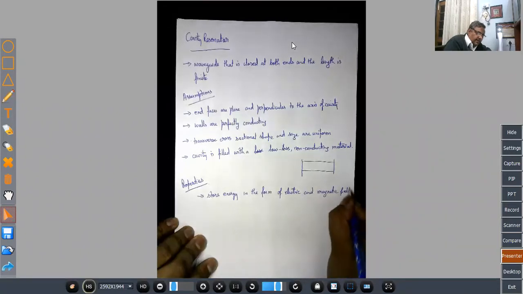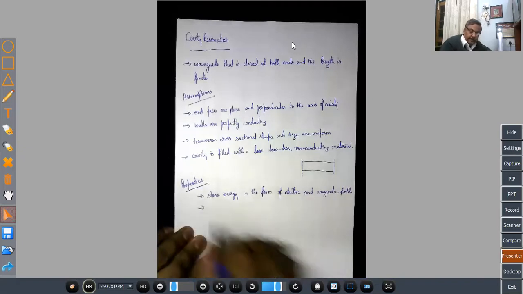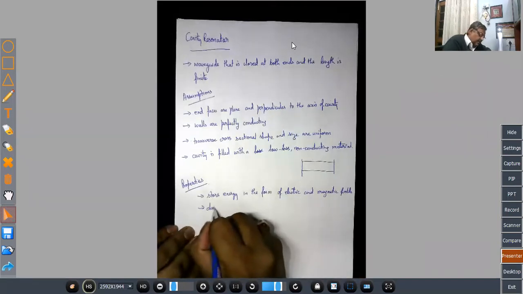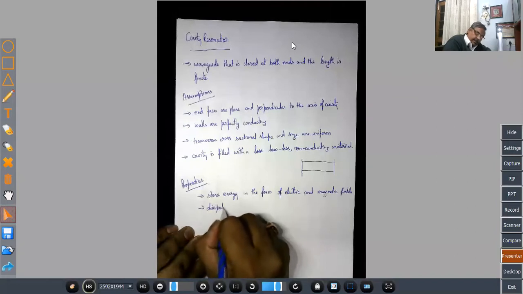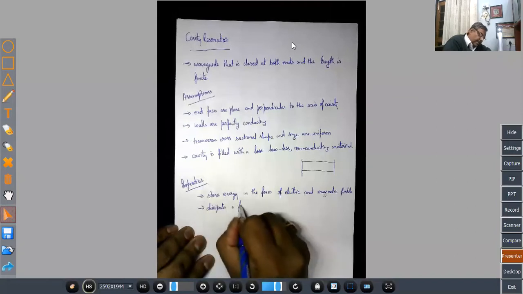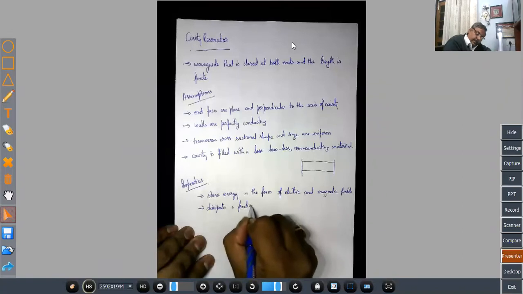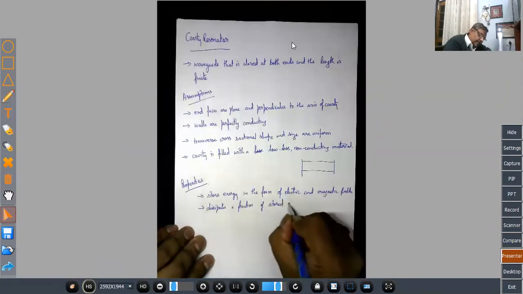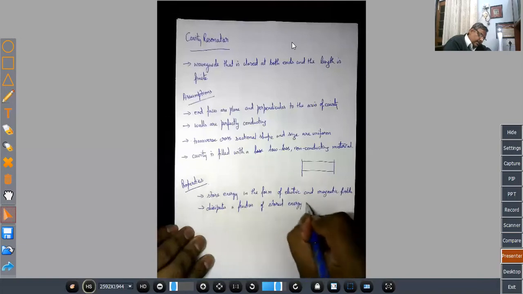So basically for storing the energy, and the drawback is that it dissipates a fraction of stored energy in each cycle of oscillation.